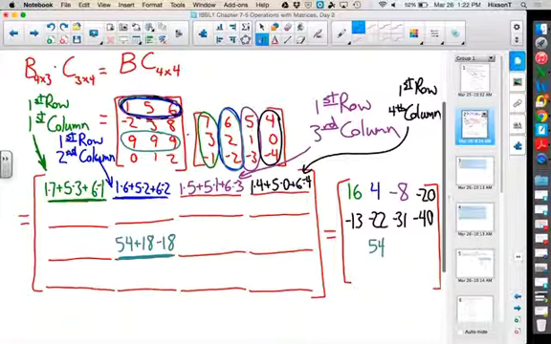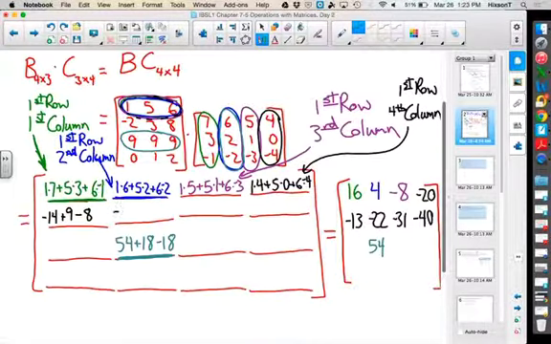So that's what you ought to get in your second row. If you didn't, take a look back and double check. You had negative 14 plus 9 minus 8 to get your negative 13.